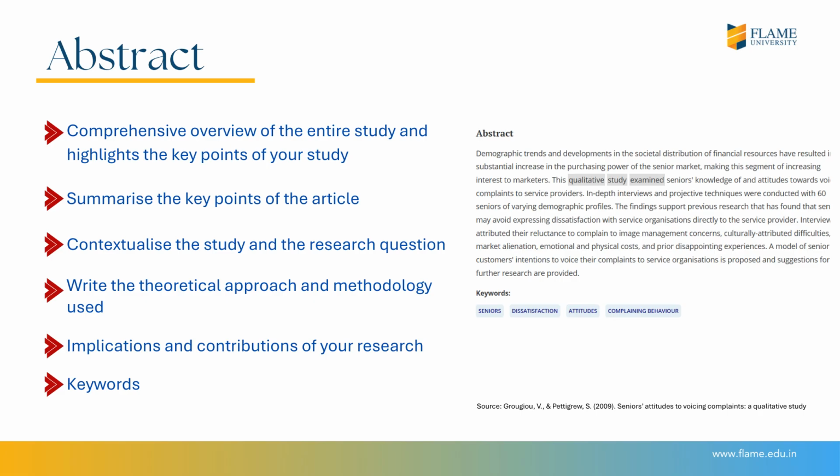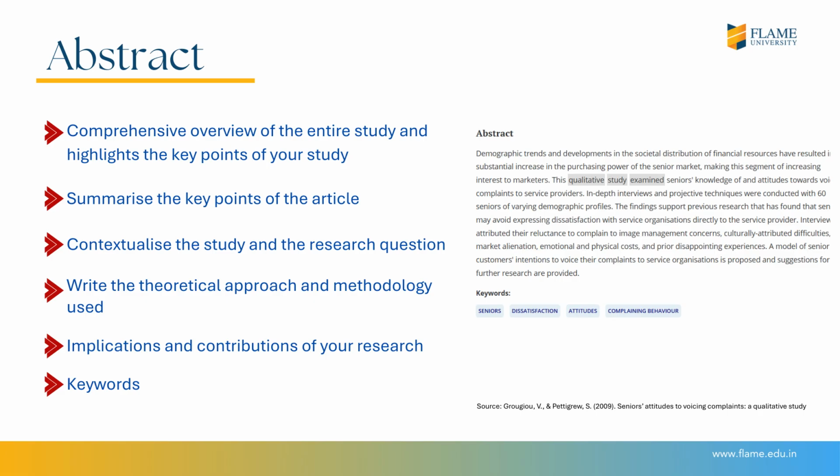For writing an abstract, summarize the key points of the article, contextualize the study and the research question, write the theoretical approach and methodology used, including participants' details and data collection process and methods. Outline the main analytical arguments and findings. Conclude with implications and contributions of your research.